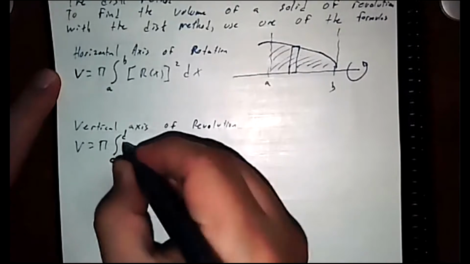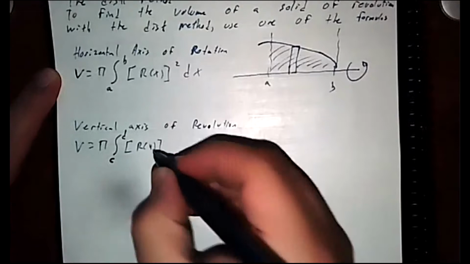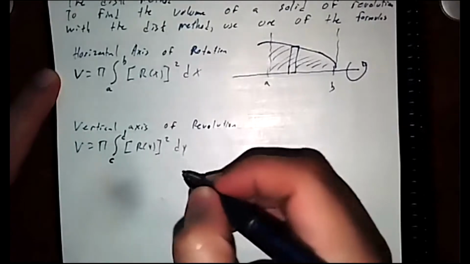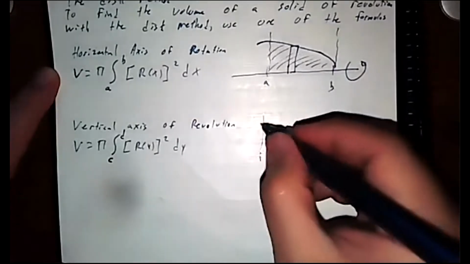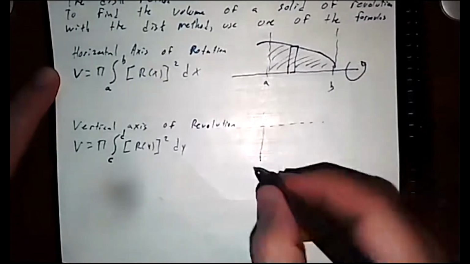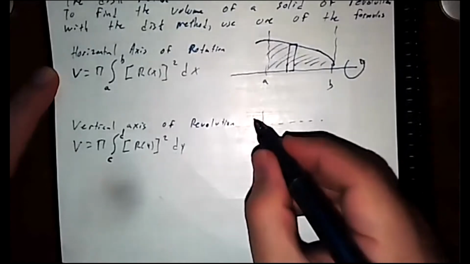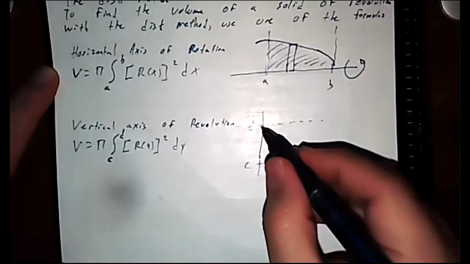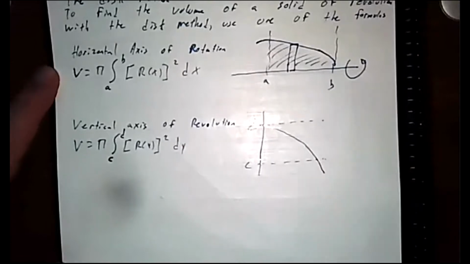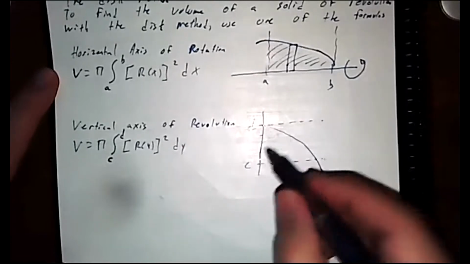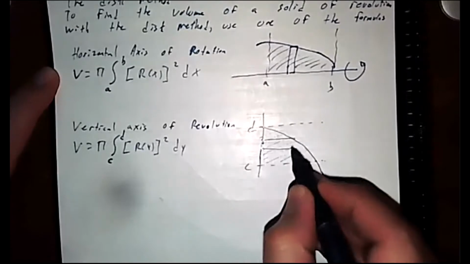So from C to D of R of y squared dy. So this is D and C. Let's say your function is doing something like this. So you have some region here. So your rectangle would be left to right.